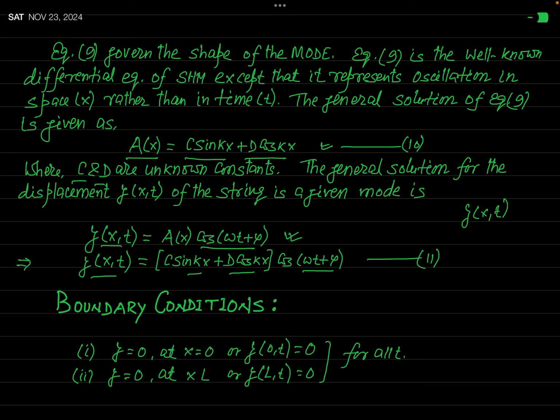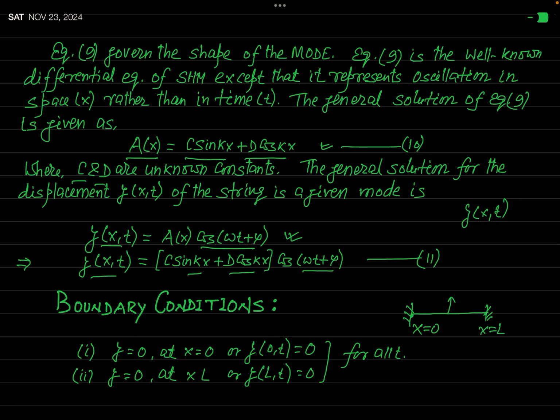And what will be those boundary conditions? You can easily understand. You have seen that our assumption is that the string under consideration, whose length is L, is rigidly fixed at points x = 0 and x = L. So when this string vibrates or is plucked, will the points x = 0 and x = L get displaced?